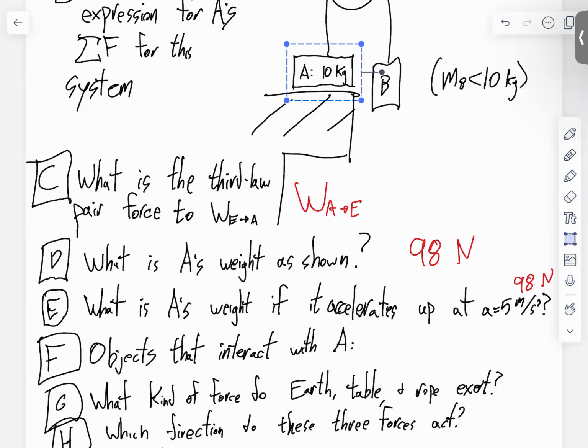I want to emphasize the letter I traditionally use for weight is W. Let's have things consistent so that I can grade these quickly, please.